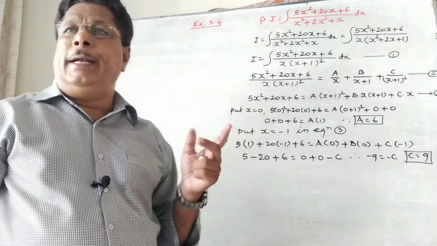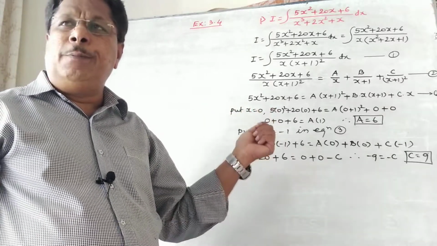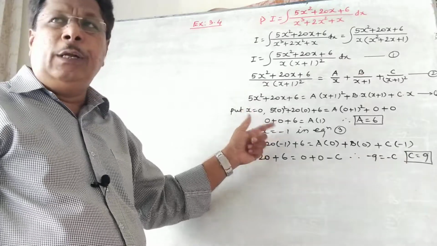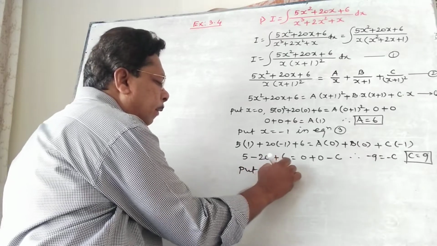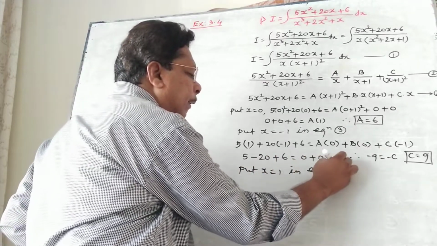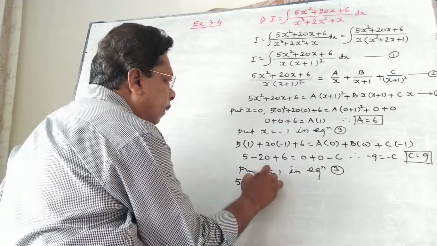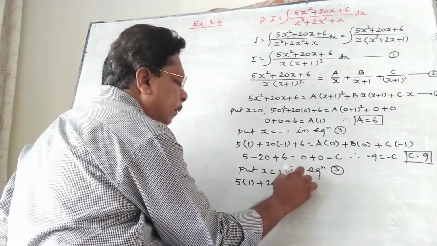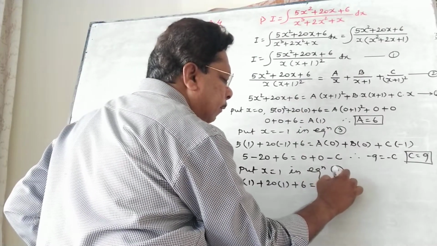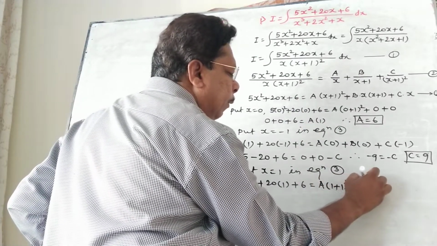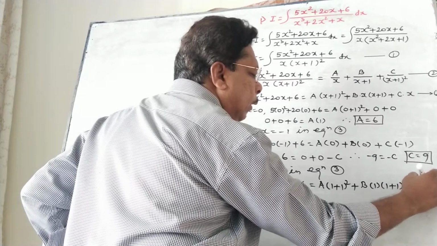The third value you have to choose. You can take any value of x other than 0 and minus 1. We take the smallest value. Here I have taken 0 and minus 1, so take any other value, put x is equal to 1 in equation 3. Equation 3 becomes 5 into 1 plus 20 into 1 plus 6 equals A into 1 plus 1 square, plus B into 1 into 1 plus 1, plus C into 1.